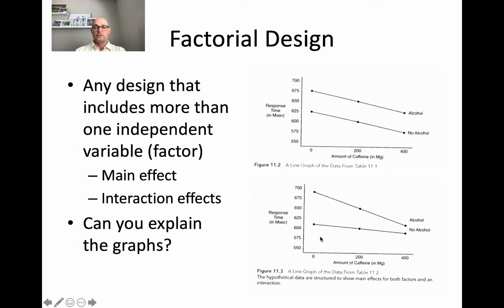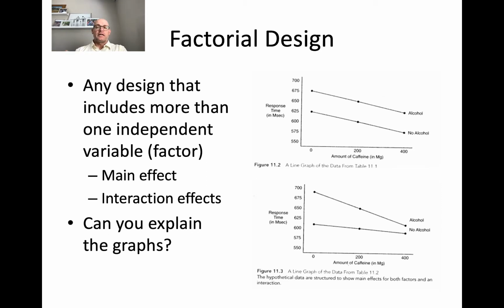So if you look at the two slopes, the slopes are different. The effect of caffeine on response time for the no alcohol group is pretty small, but for the alcohol group, the change is very big.